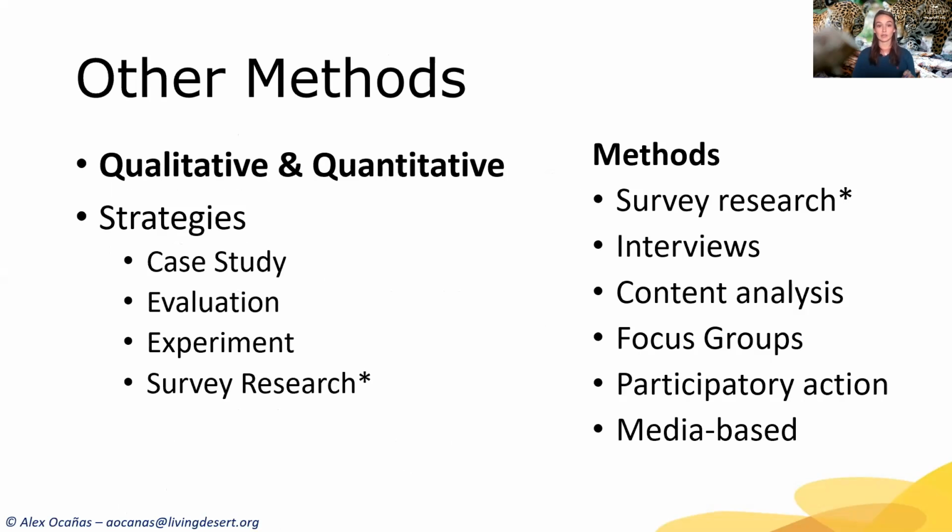Okay, so we're going to review some different types of methods here. And for one, of course, you can choose to use these methods in your own research. But if you don't want to do that and you want to stick to just using surveys, that's totally fine.